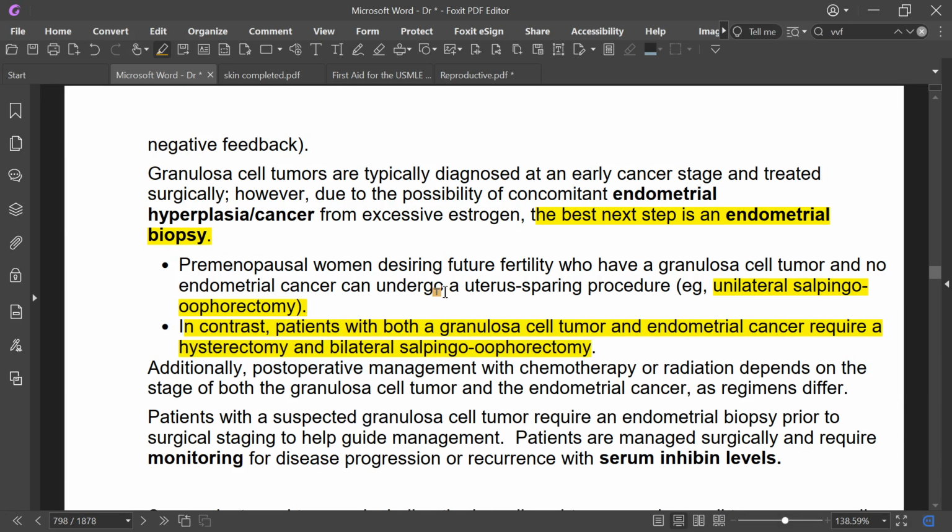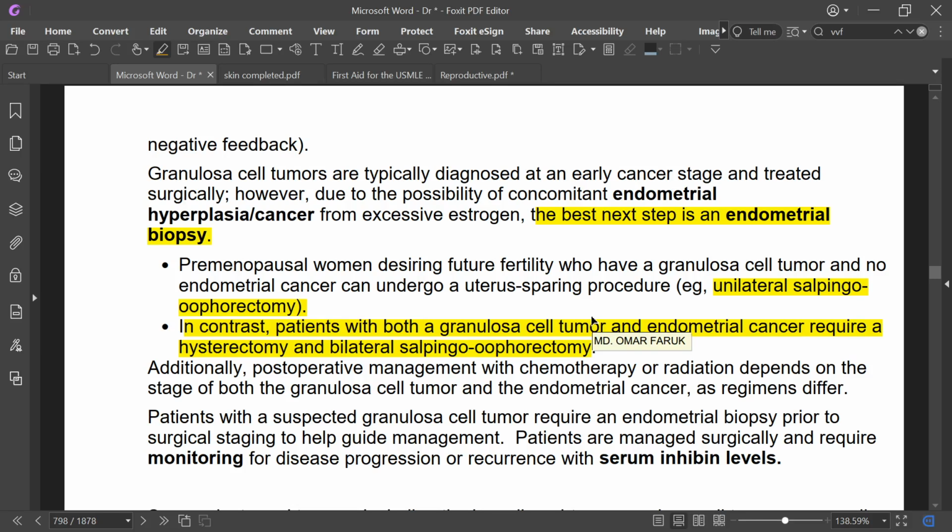So, premenopausal women only who have granulosa cell tumor, no endometrial cancer, can undergo uterus sparing procedure, unilateral salpingo-oophorectomy, but they do not need hysterectomy. They can spare the uterus.